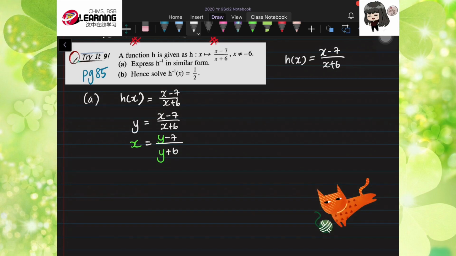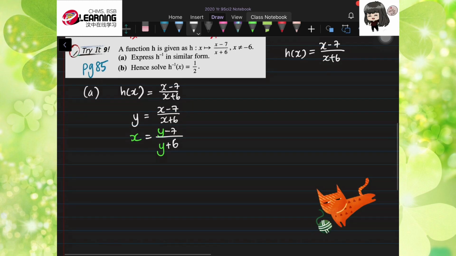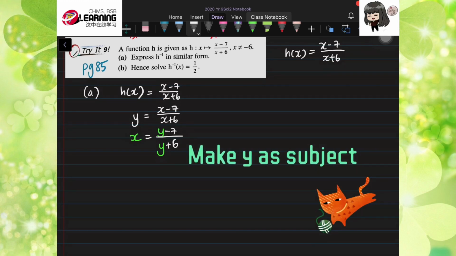If you're already an expert and have mastered the inverse function, you can skip the first and second steps and go straight to this third step here, interchanging. Now your next step is the crucial one, which is you need to find y. After interchanging x and y, you need to make y the subject.